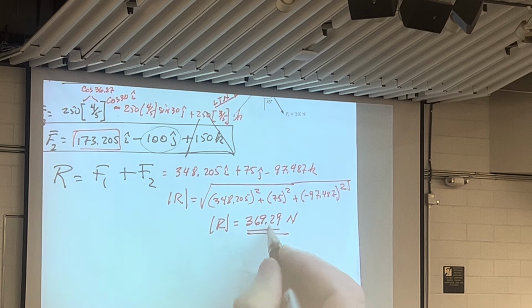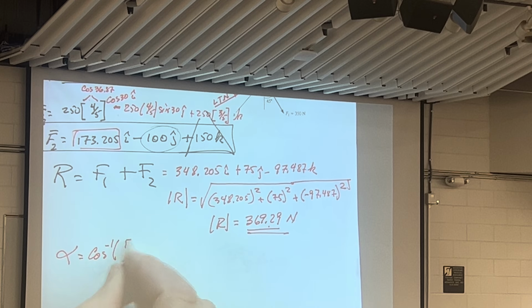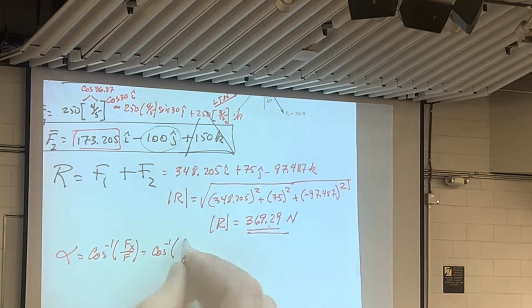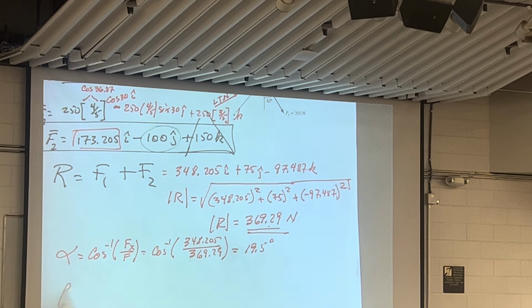And now, that's magnitude, I need direction. Direction is given by alpha, beta, gamma. Alpha: cosine inverse of Fx over F. In this case, it would be cosine inverse of 348.205 divided by 369.29, giving me 19.5 degrees.